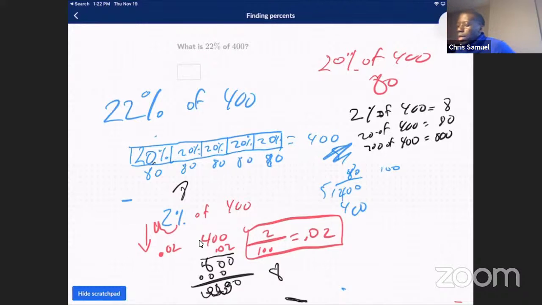Okay, and it says, what percentage of coins are pennies?